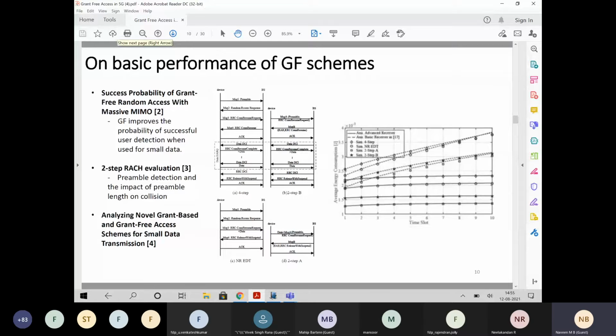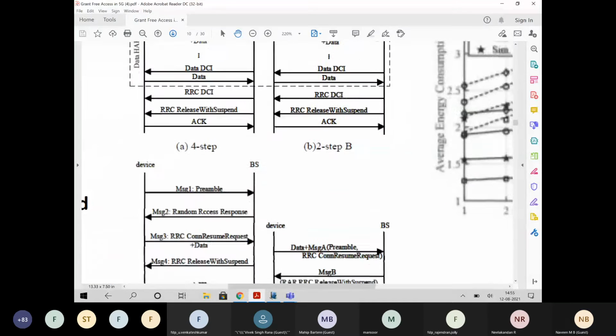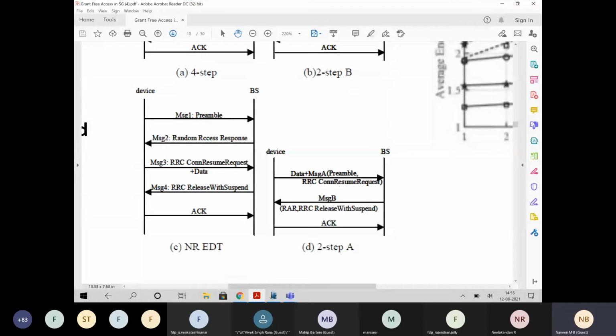So this was the conventional LTE 4 steps, which I already showed you. People thought we will just do 2 steps, which is like I'll send data plus preamble, then the base station will send, okay, I found both data and preamble. Such an easy 2 step.